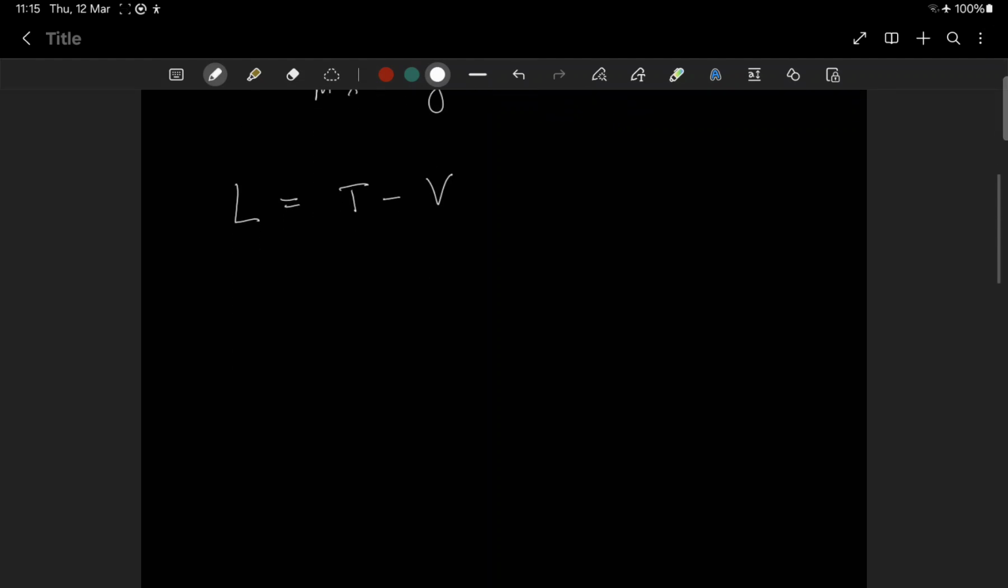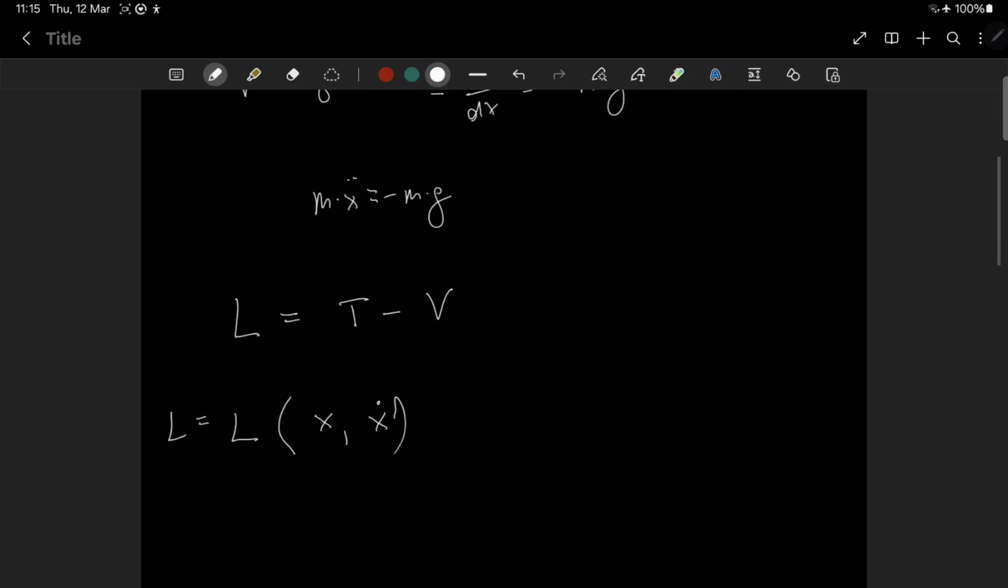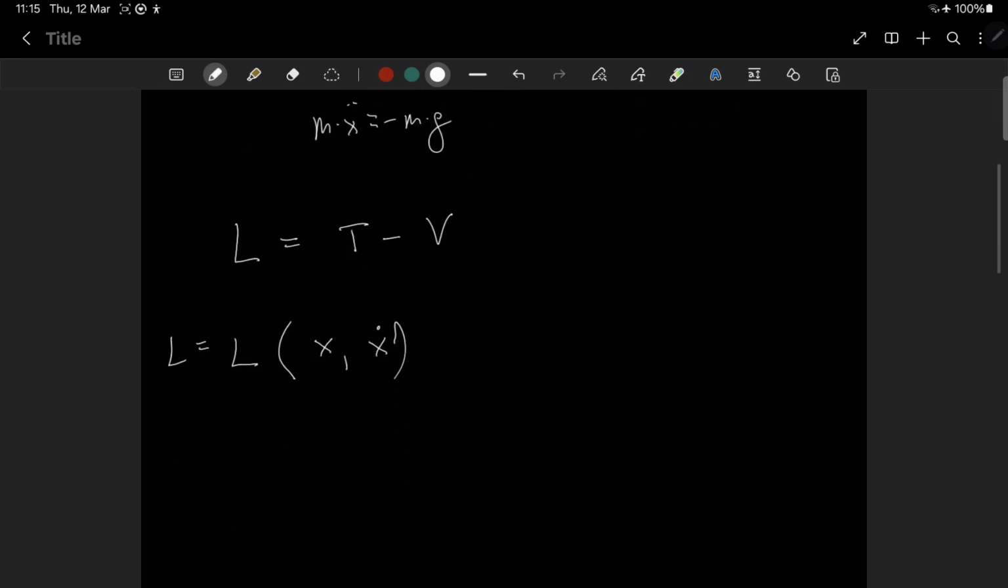Usually the Lagrangian is a function of x, x dot and t. We will ignore explicit time dependence for now and just consider a Lagrangian which depends upon x and x dot.